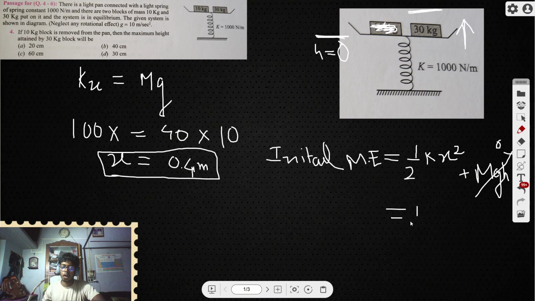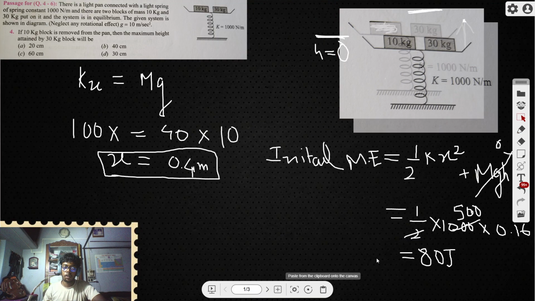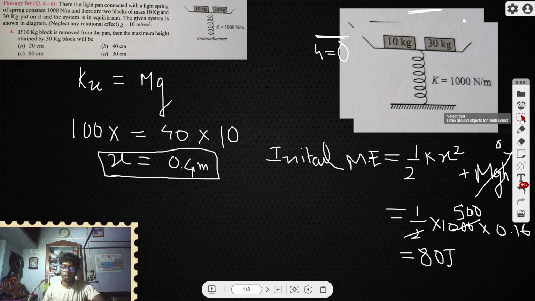So it will be half into k, which is 1000, into x squared, 0.4 squared, that is 0.16. Calculating this, it comes to 80 joule. The initial mechanical energy in this case is 80 joule. Am I right? Okay. Now if you see the next page, I will be doing the calculations. After some time, what may happen?